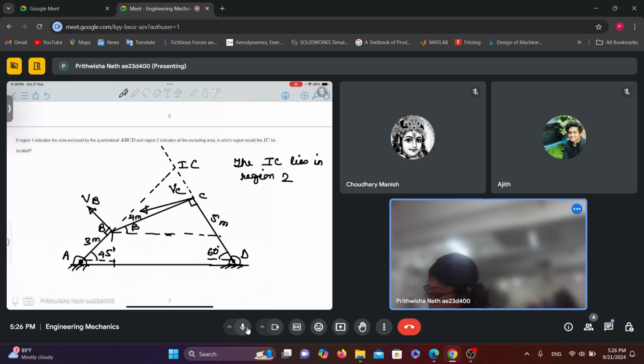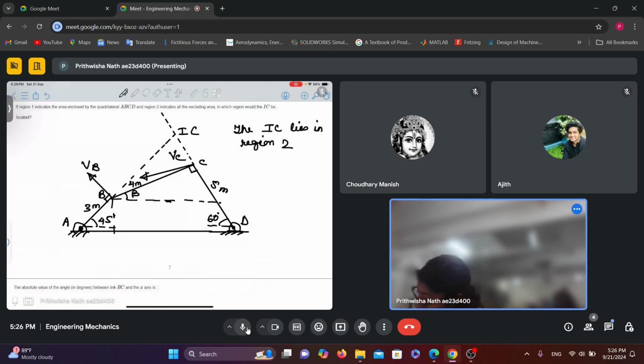This height. This is 3 sine 45, right? So similarly, I can say this is also 3 sine 45. Now, let us assume that this length is L.